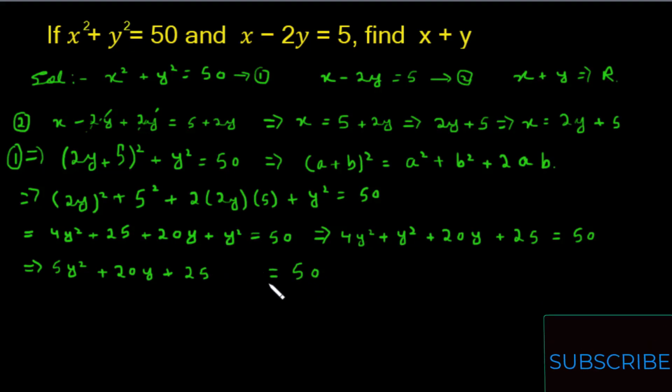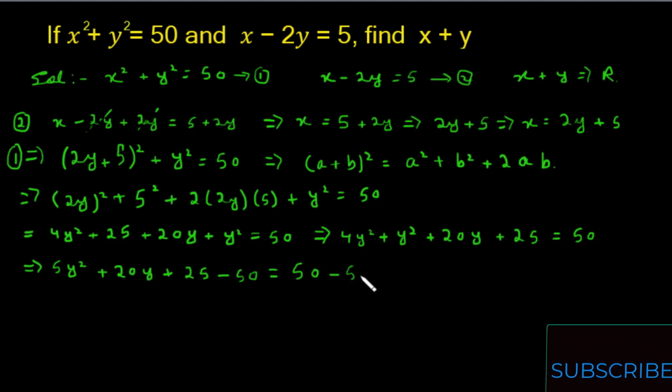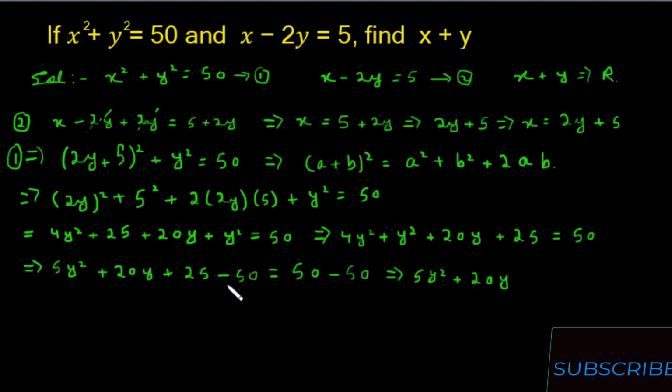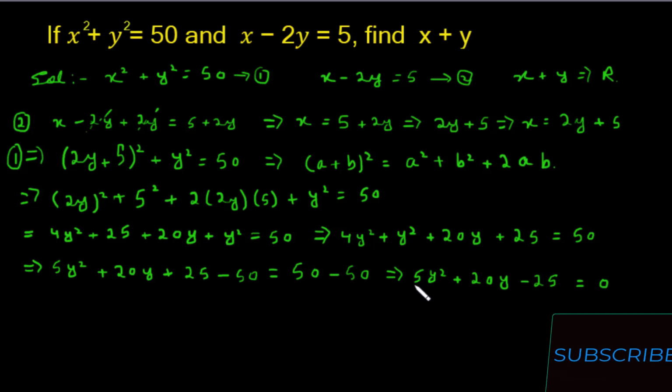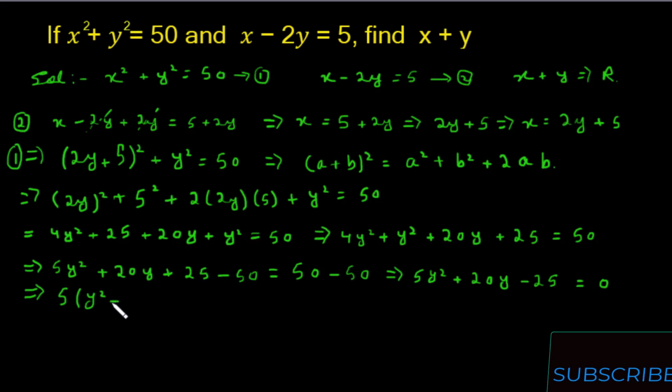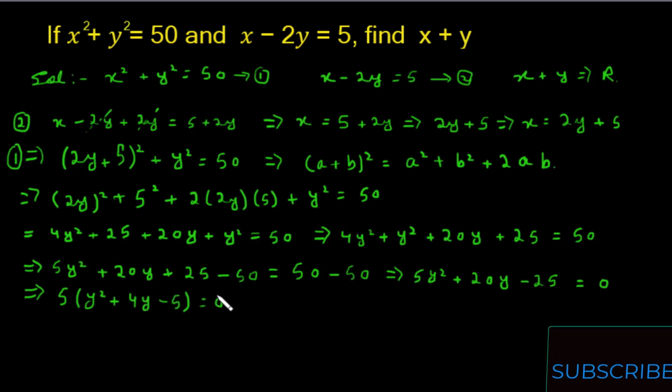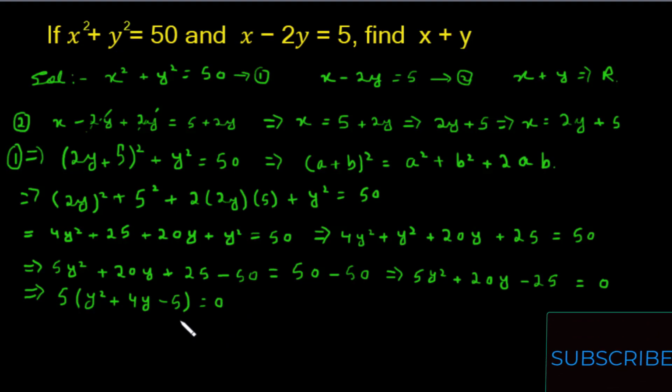To do so, I am going to subtract 50 from this side. So we will come up with 5y squared plus 20y minus 25 is equal to 0. So I am going to divide by 5 here and 5 here.